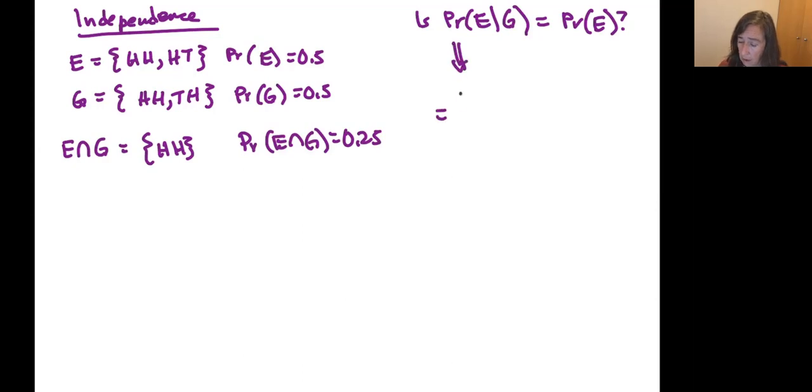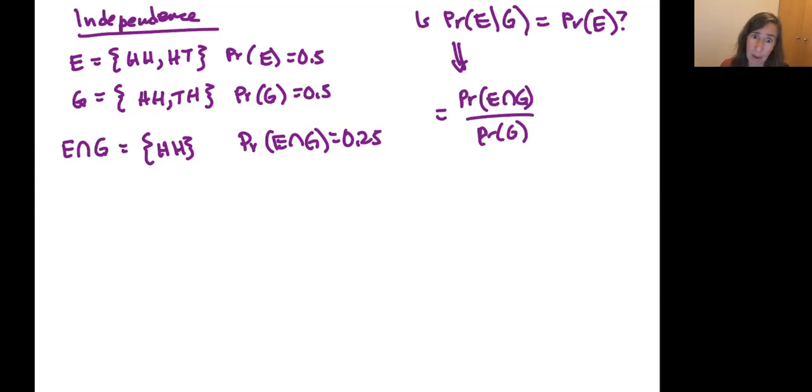The conditional probability is the probability of E and G divided by the probability of G. If we're conditioning on G, we know G has occurred, so the only part of E that can happen is the part that overlaps with G. That's the way I want to say it colloquially.